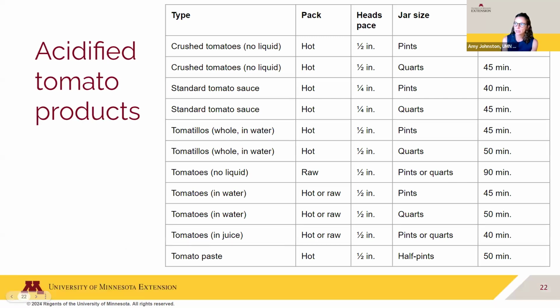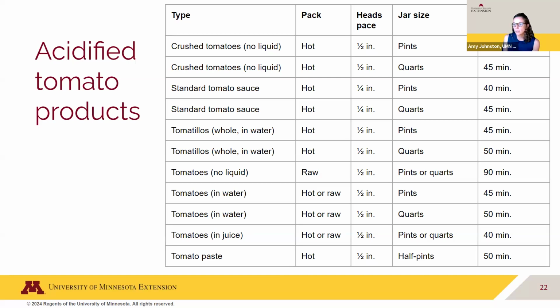So on the screen now you can see a table with the packed style, the headspace, the jar size, and the processing time for Minnesota. Minnesota would fall into that 1,001 to 3,000 feet. So you can see some differences in the times depending on the raw or the hot pack, and I'll call out a couple.